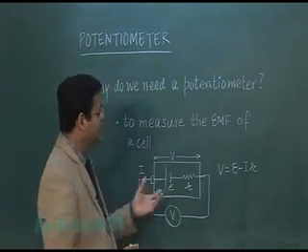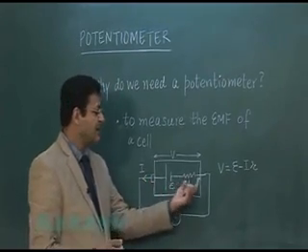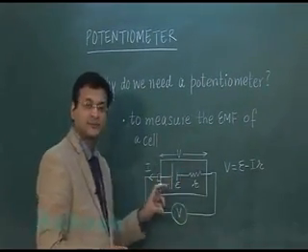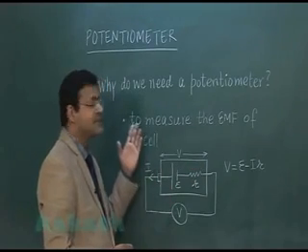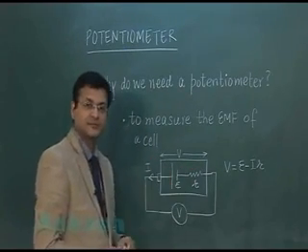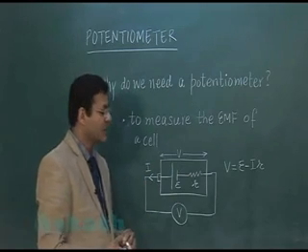Potentiometer is a device which will measure the terminal voltage across the cell without passing any current into that, and that is why it is a device suitable for measuring the EMF of a cell. You understand this first thing?